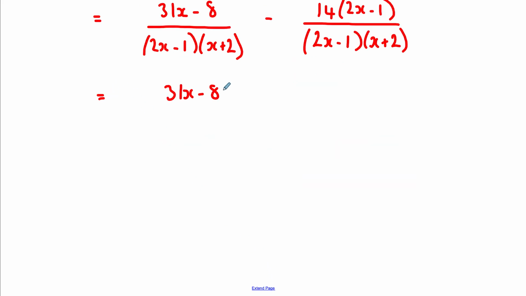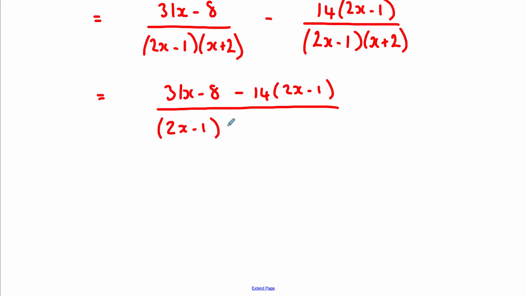31x minus 8 minus 14 bracket 2x minus 1 over 2x minus 1, x plus 2. Multiply out the top is going to give me 31x minus 8 minus 28x plus 14.